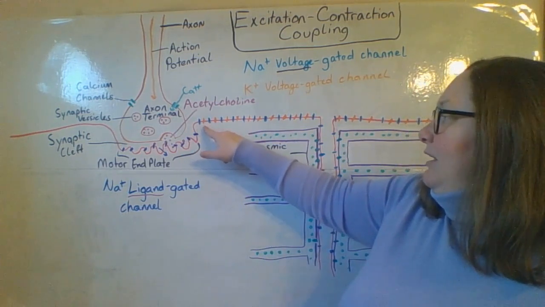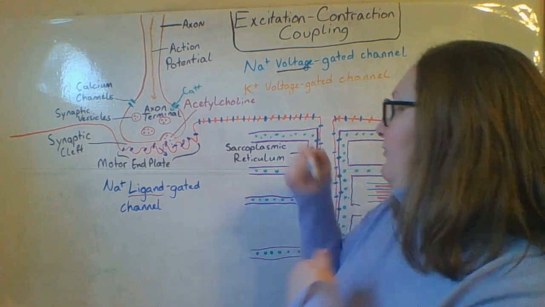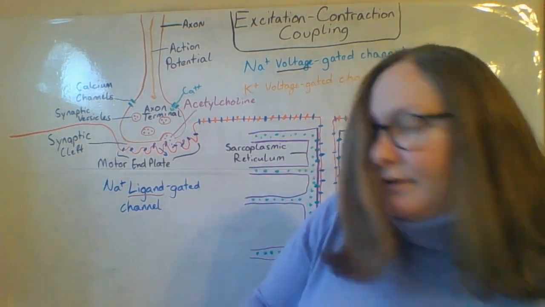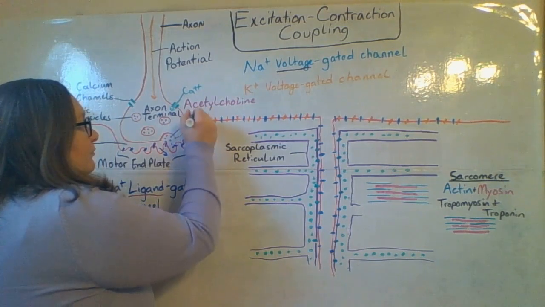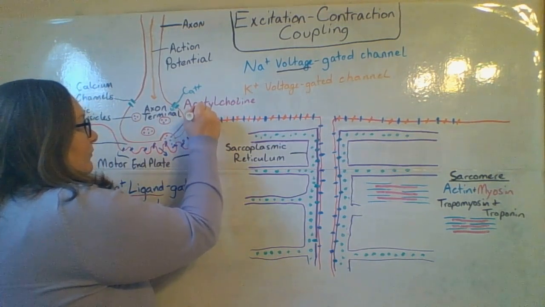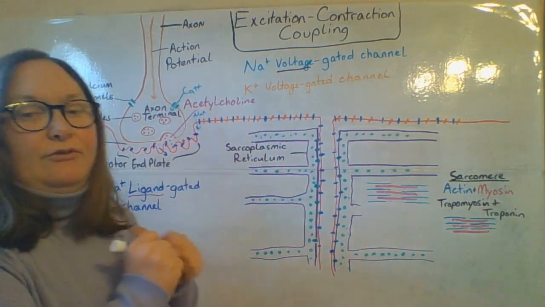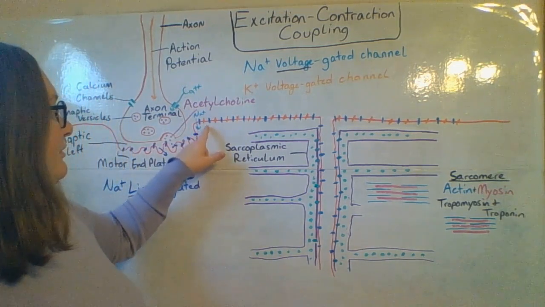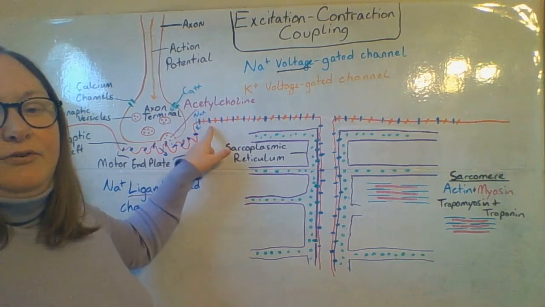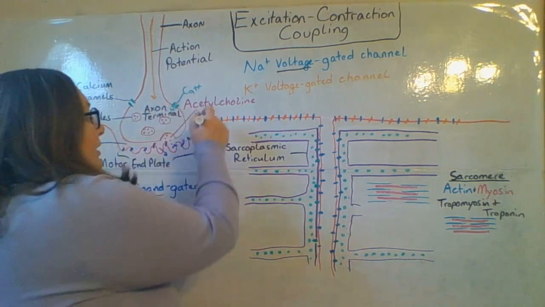And it depolarized. So sodium is going to flow in. Now when sodium flows in, that's going to depolarize the membrane. So the next one's going to be stimulated as well.